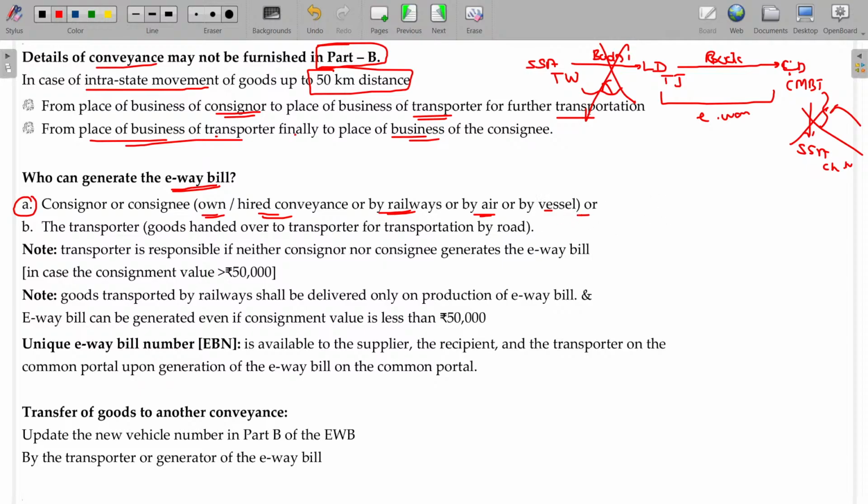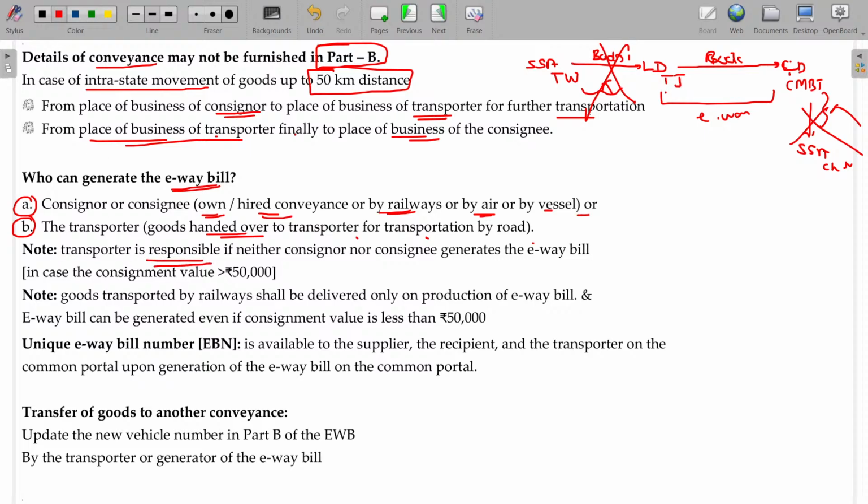Or if goods are handed over to the lorry driver and he takes the responsibility, then the transporter will fill it. Goods handed over to a transporter for transportation by road: in that case, the transporter will be responsible. In case of railway parcels, the railways will not take responsibility, so it is your responsibility to fill the e-way bill.